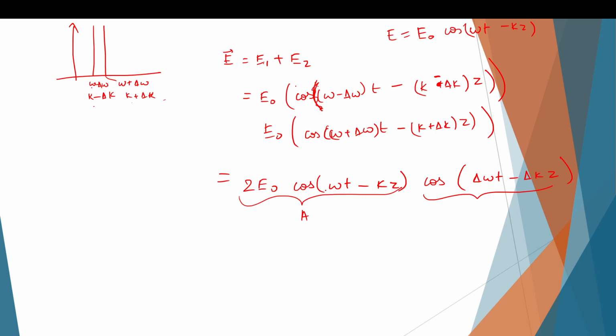So there are two waves now. One is because of this omega and this k, that is traveling at a velocity of omega over k, the phase velocity, and then there is this envelope. This envelope is traveling at the velocity of delta omega by delta k.